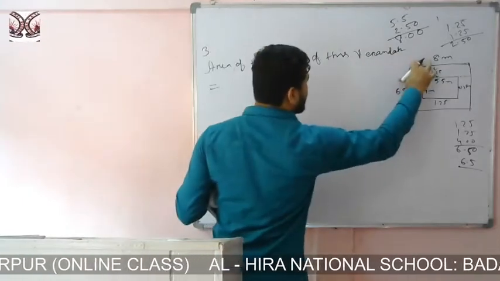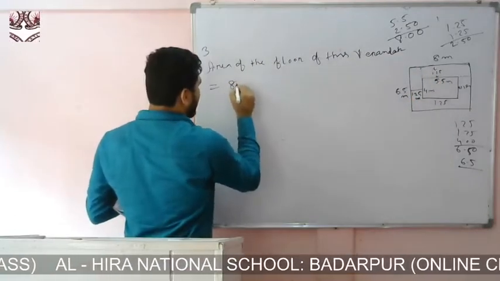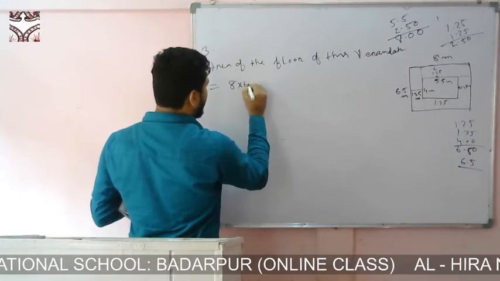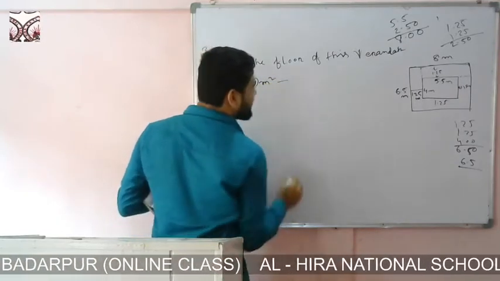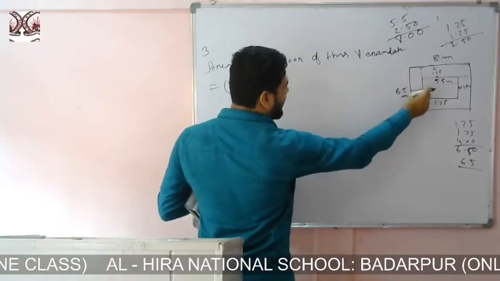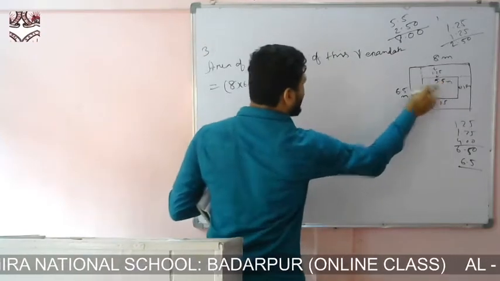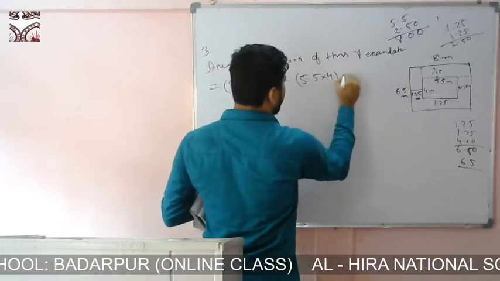This length into this breadth, this rectangle minus this rectangle, that means 8 into 6.5 meter square, minus 5.5 into 4 meter square.